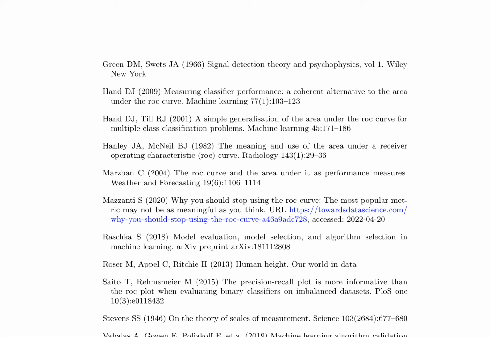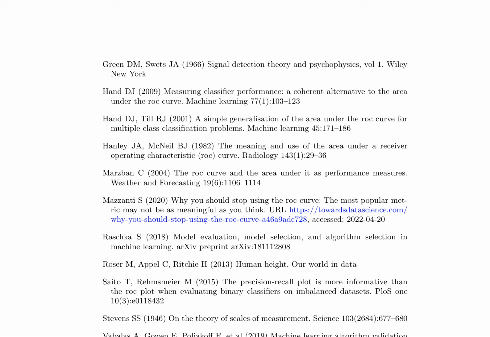This review delves into the extensive literature on performance metrics for classification problems, with a particular focus on the receiver operating characteristic, AUROC, curve and its limitations. It draws upon seminal works by Green and Swets, 1966, and Stevens, 1946, which laid the foundation for signal detection theory and scales of measurement, respectively.